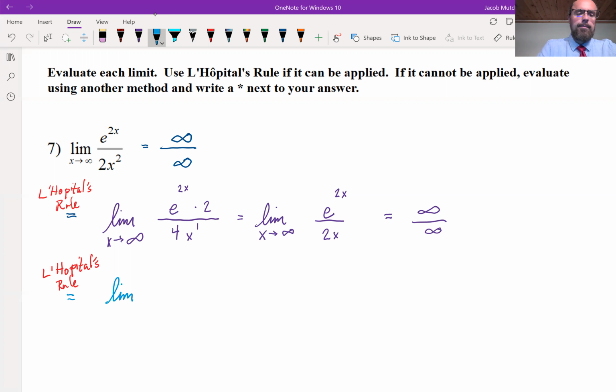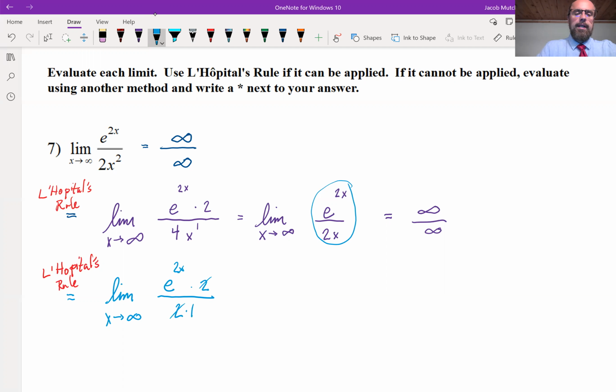So this is now the limit as x approaches infinity. So now I'm taking derivative of the previous version. So this is, again, derivative of e to the power of 2x is e to the power of 2x. And then using chain rule, derivative of the 2x is times 2. But now the derivative of the denominator is going to see the variable fall out. That's derivative of 2x, which is just going to be 2 times 1.